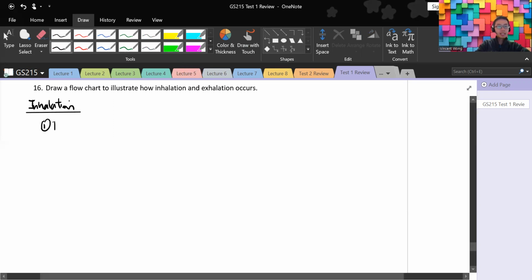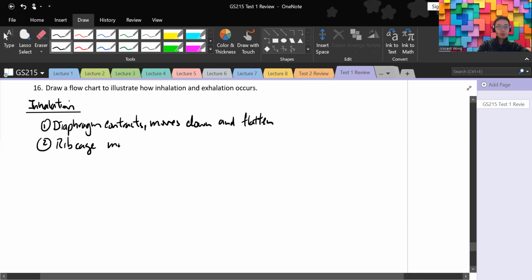Number one, the diaphragm contracts, moves down, and flattens. Simultaneously, at the same time, the rib cage moves up and out.